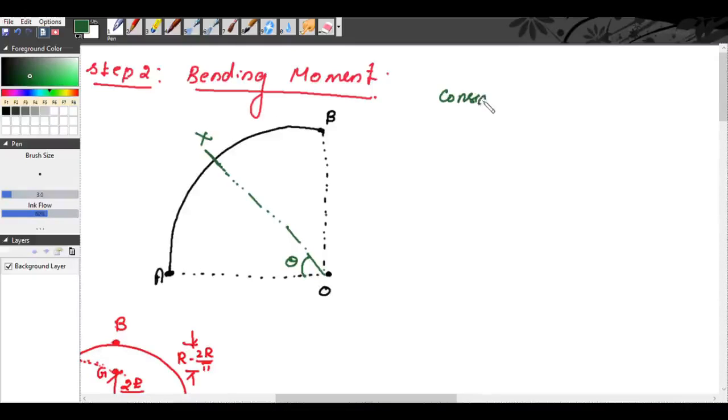So consider a section X located at an angle theta with OA.